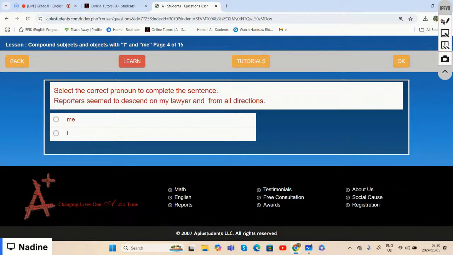And if we were to choose the correct option, it says reporters seem to descend on my lawyer.